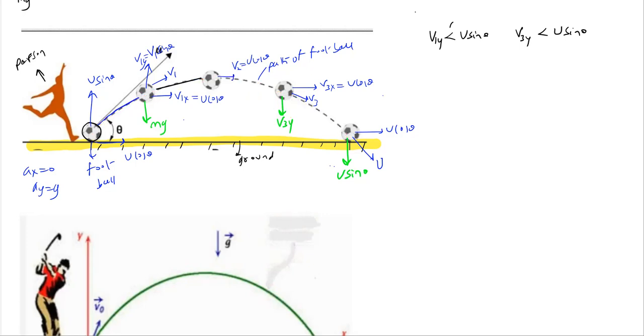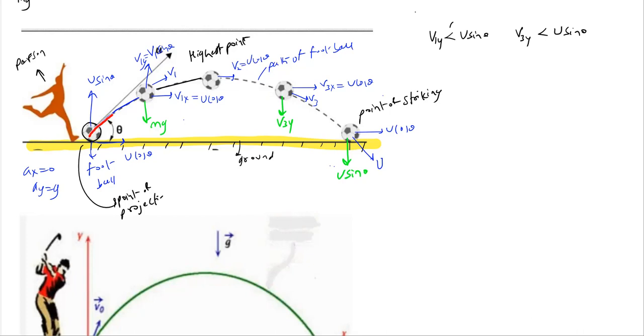So we'll give some names. This is the point of projection. This particular thing we will call the highest point. This is the point of striking.